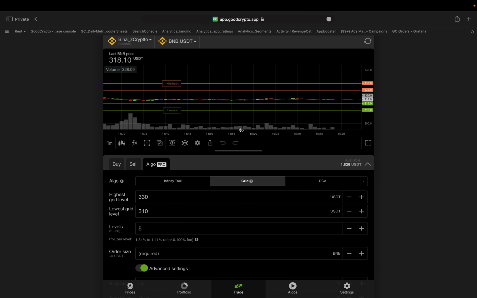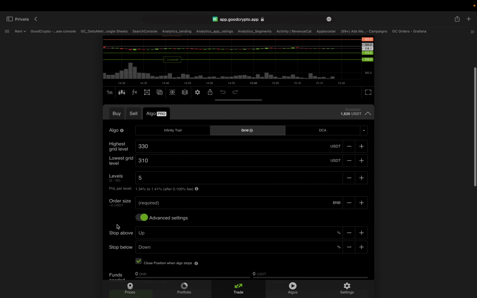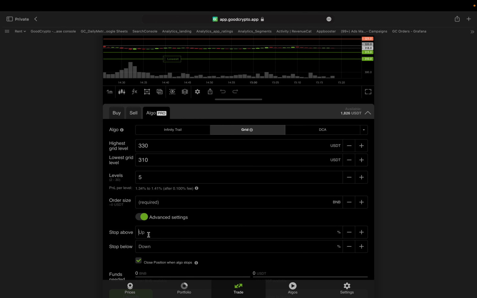At some point, if the price goes up or down too much and too far from the grid range, you'll be liquidated. And you want to prevent that. To prevent that, you might want to set up stops. Again, if you're trading derivatives, 99% of the time you want to set them up.